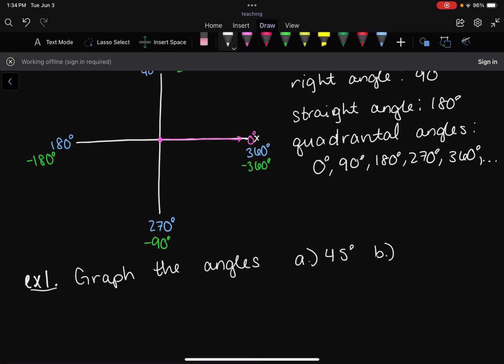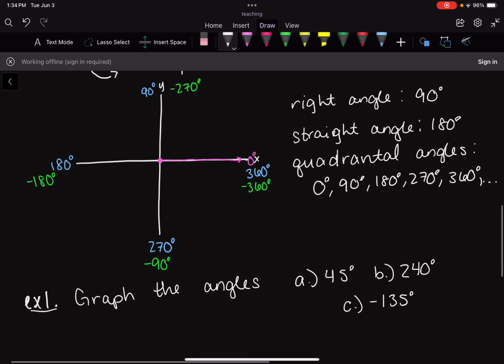B, we'll do 240 degrees. And then part C, let's do negative 135 degrees. And I'll just graph them on the coordinate plane that we already have drawn.